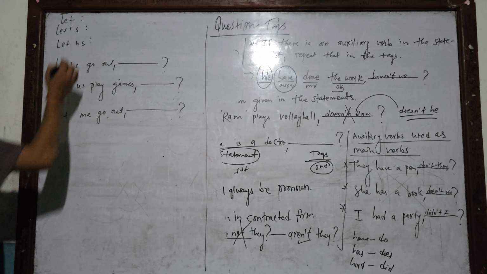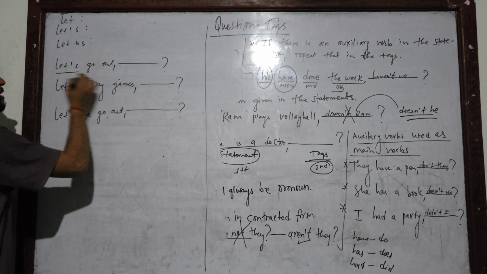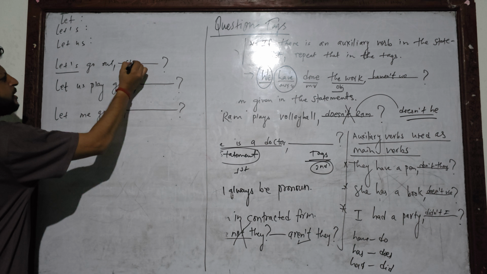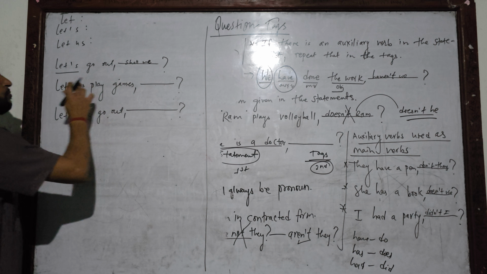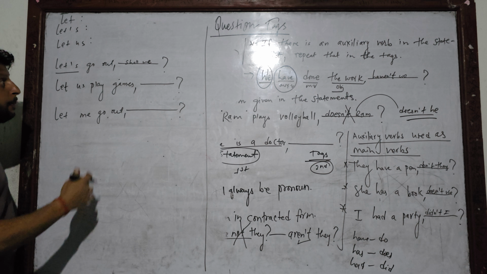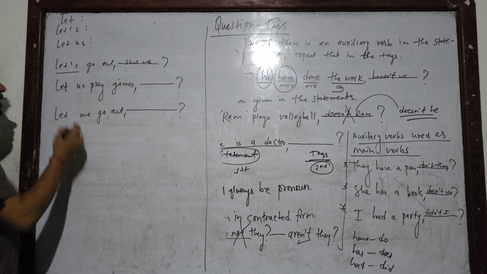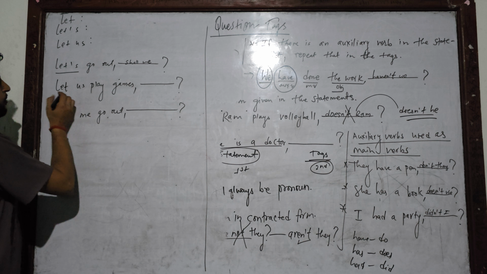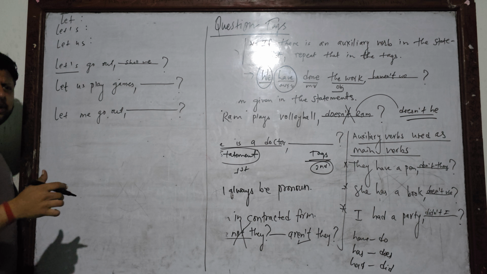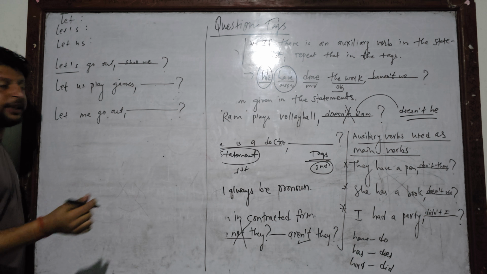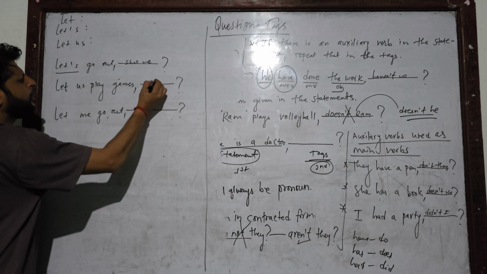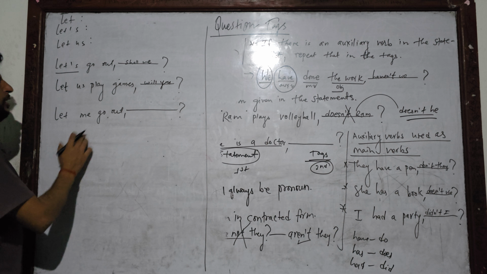Whenever you see let's, you are supposed to use what? Shall we, because it tells about plurality, right? Similarly, let us play games. It's a kind of purpose that is told to someone. So right here, will you? And similarly, let me go out.